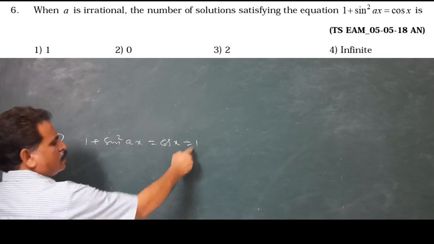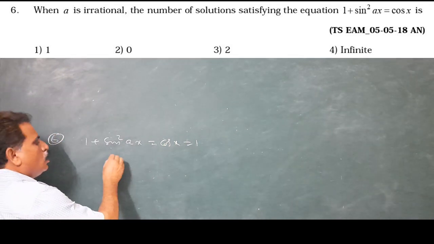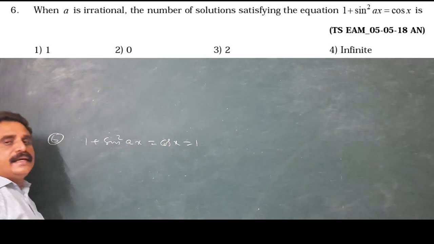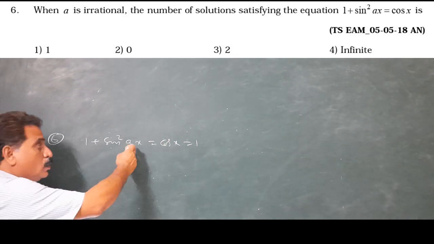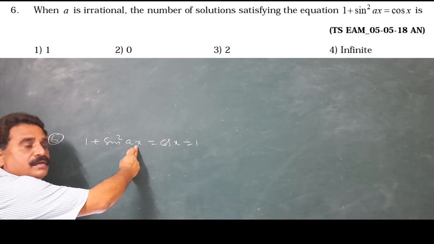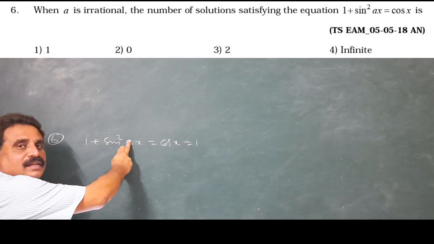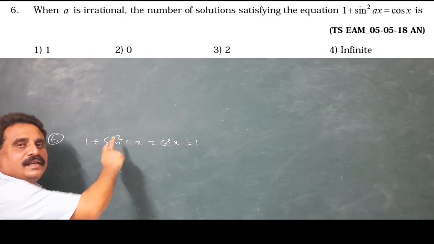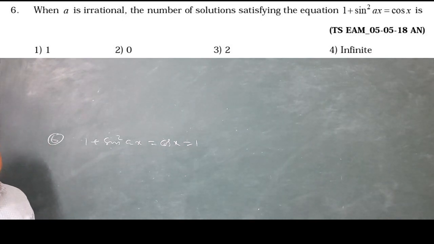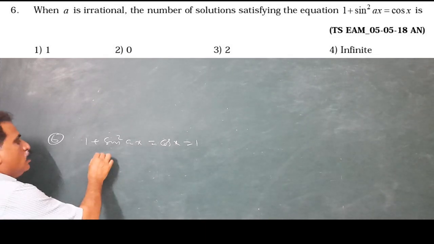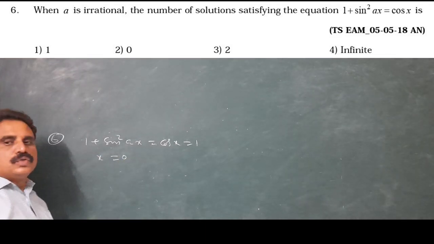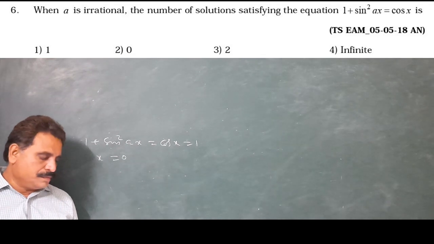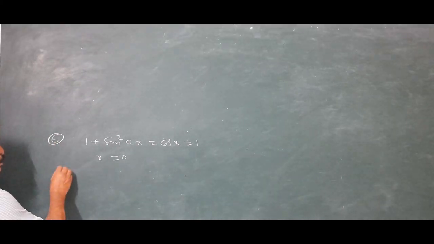That means cos x equal to 1, so x equal to 2n pi. What happened? a is irrational, so 2n pi a is not an integer. Therefore, only one solution, x equal to 0. x equal to 0 is the only solution. So option number 1.